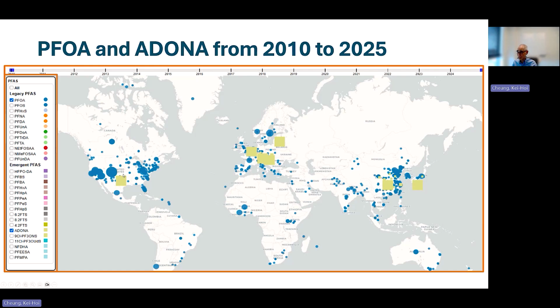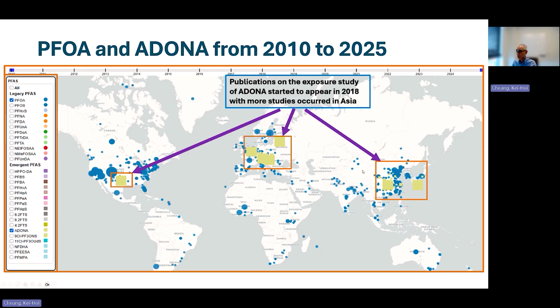And as you can see, it's spread globally. But in this visualization, we can see that more studies were conducted in Asia compared to Europe and North America. So using this type of visualization, we can find this type of pattern.